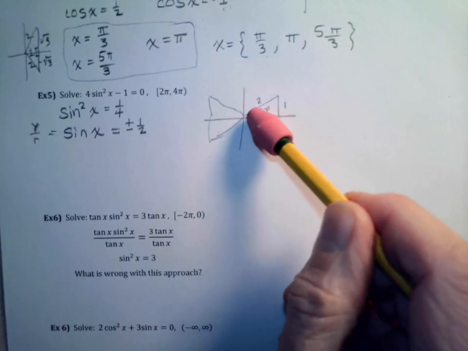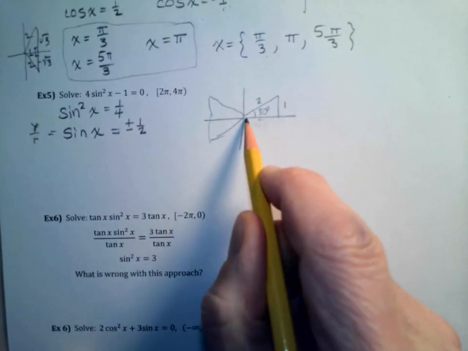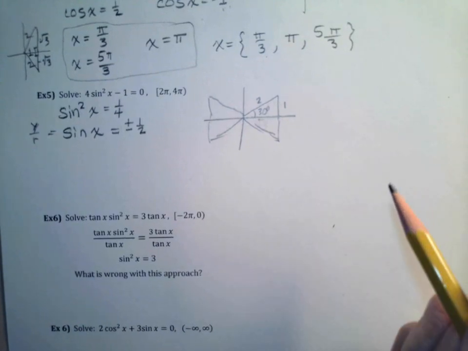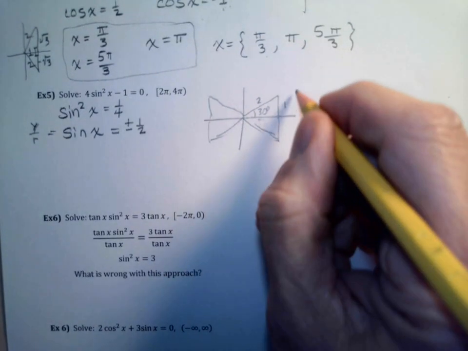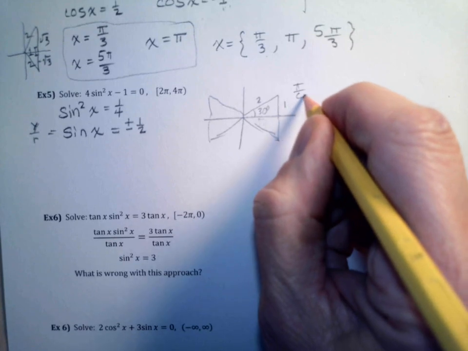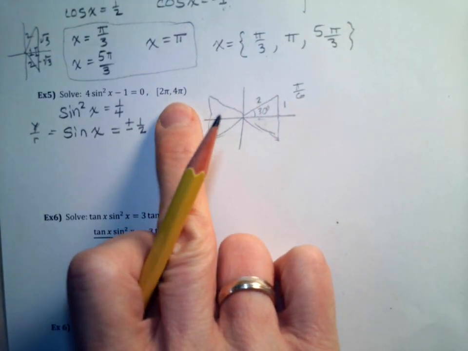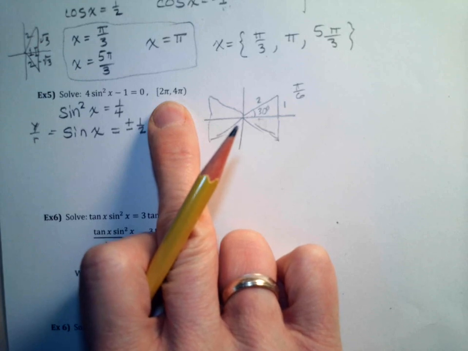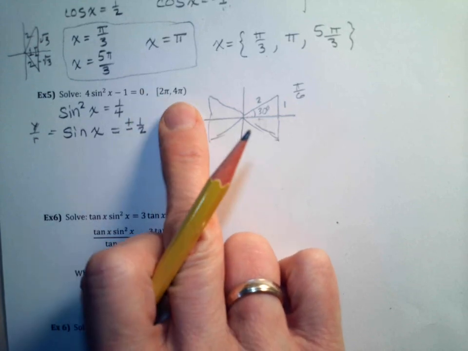Let me get rid of that square root of 3. It's kind of in my way. So we're going to be in all 4 quadrants, all the possibilities. Now, be careful. Yes, the reference angle is pi over 6, but we want the angles that are between 2 pi and 4 pi.